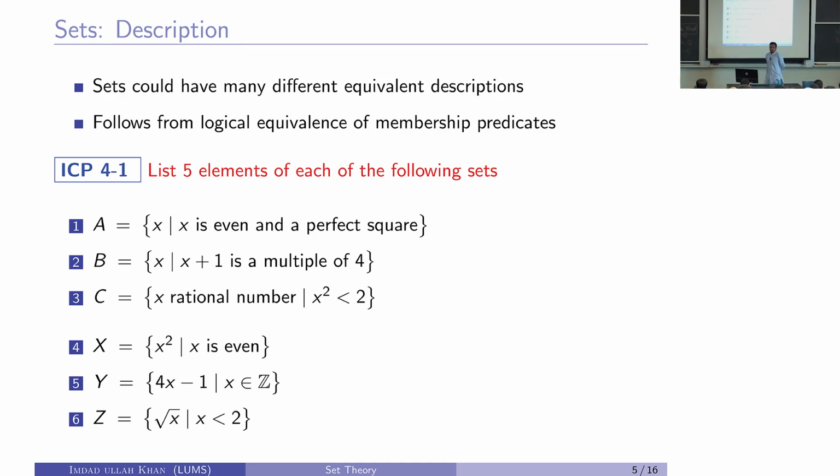Okay, the set B. B is a set of those x's such that x plus 1 is a multiple of 4. Is 1 part of the set B? Why not? Because 1 plus 1 is not a multiple of 4. Is 2 part of the set B? Is 3 part of the set B? Yes. 4, 5, 6, 7. 7 is part of the set B because 7 plus 1 is a multiple of 4.